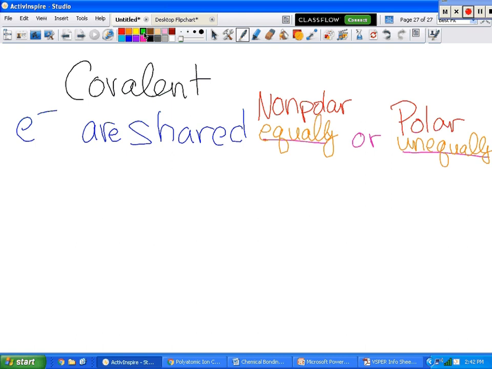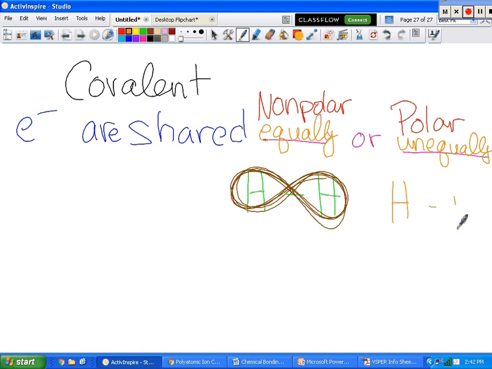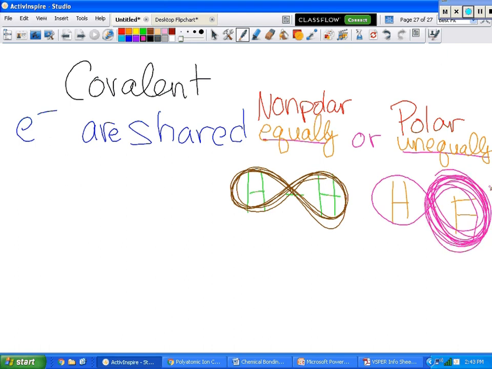If you want to add this, if you've got room, you are more than welcome to. If this electron were shared equally, how would it look? It's going to be shared equally back and forth. But what happens whenever we have H bonded with something like F? It's going to be like that, and that creates the unequal sharing.